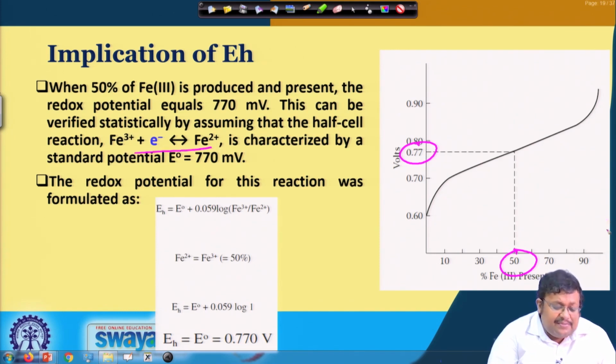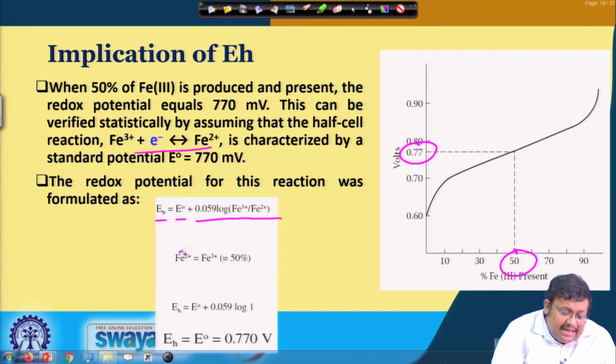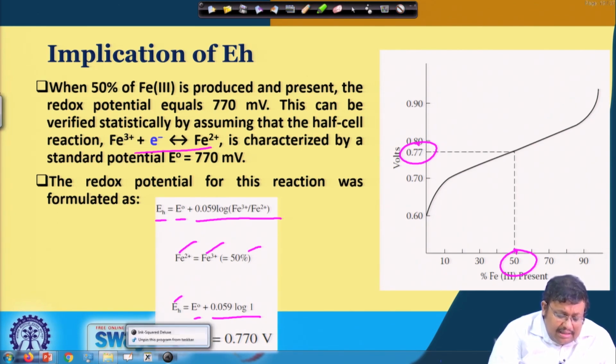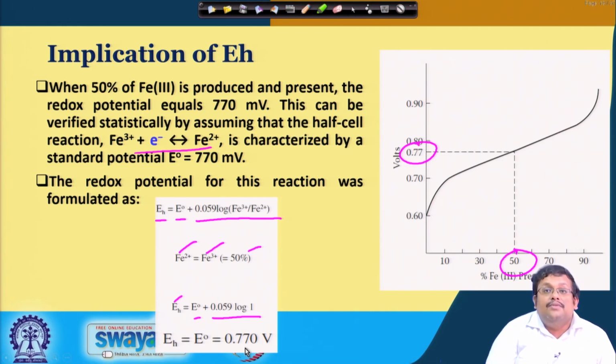This can be verified by assuming that the half cell reaction is characterized by a standard potential of E0 770 millivolt. We have seen the redox potential for this reaction formulated as EH equal to E0 plus 0.059 log of concentration of Fe3 plus by Fe2 plus. At 50%, Fe2 plus and Fe3 plus are equal, so EH equals E0 plus 0.059 log of 1, giving EH equal to E0 equal to 0.770 volt.